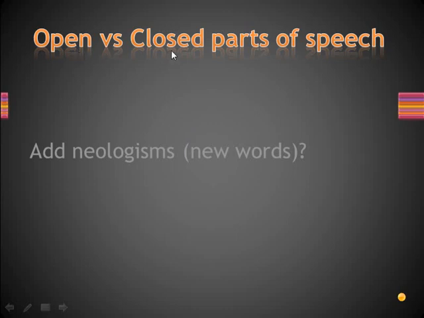Jadi ada dua jenis part of speech, ada open and closed. Kalau open itu adalah part of speech yang bisa mendapatkan kosakata baru, and open classes are the major parts of speech. Yaitu noun, verb, adjective, sama adverb bisa menerima kosakata baru atau neologism.